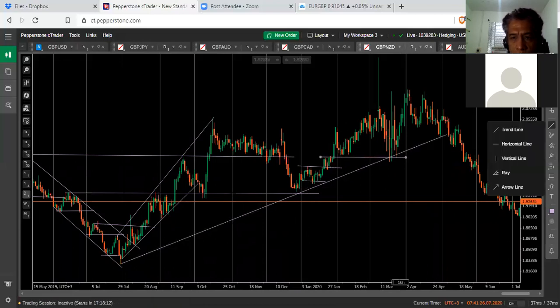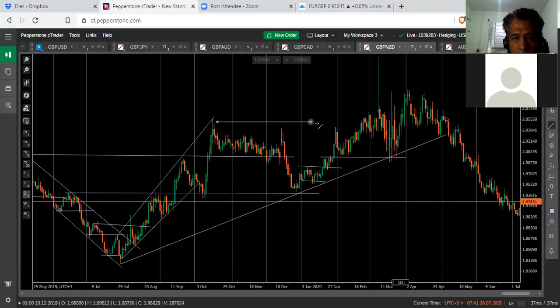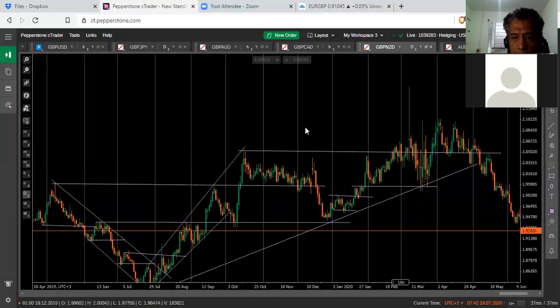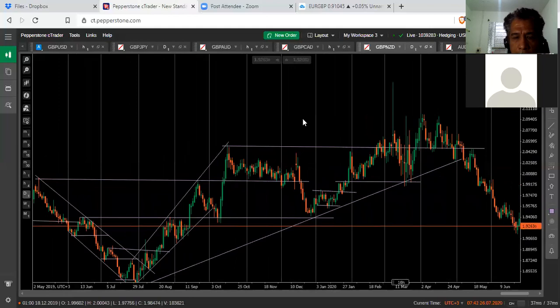So this is the area where the market needs to break the previous swing high. How many? 1, 2, 3, three previous swing highs. You can see here it was broken, but in every three pushes of the market as it goes up, we will expect a reversal.